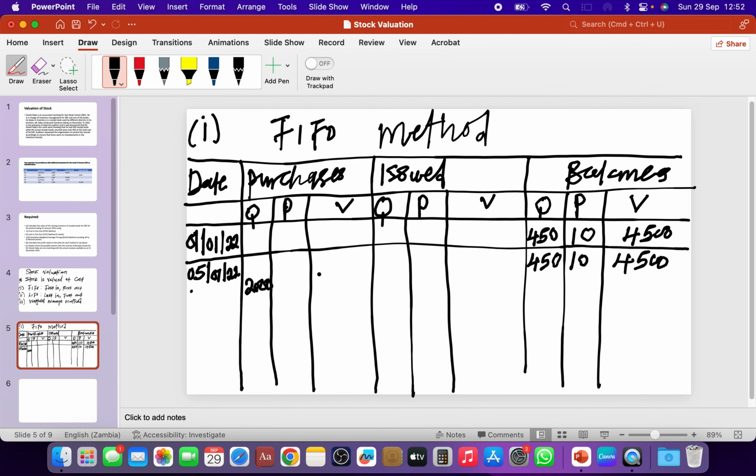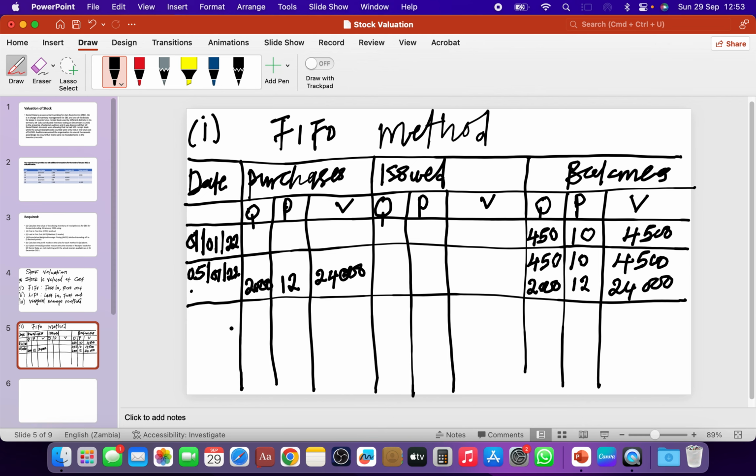The value of it is 24,000. What is the price? You divide 24,000 by 2,000. The price is $12. You bring it here on the balances column. The quantity is 2,000. The price is 12 kwacha. You multiply this to give you 24,000 kwacha. All this transaction happened on the 5th of January.